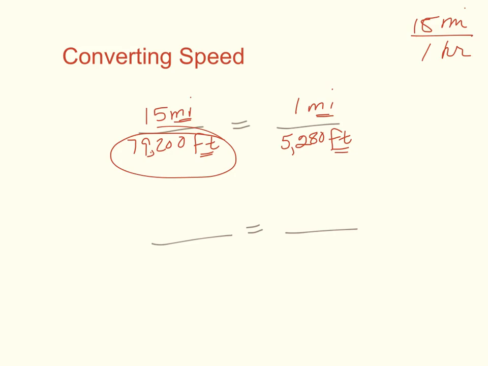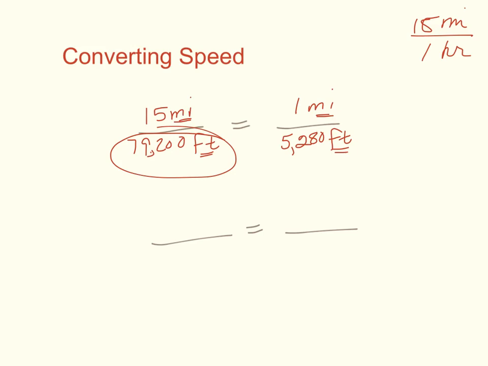Okay, now I need to do the same thing, but I'm going to convert my hours to seconds. Well, I can do that simply in my head by multiplying 60 times 60. 60 minutes in an hour and 60 seconds in a minute.